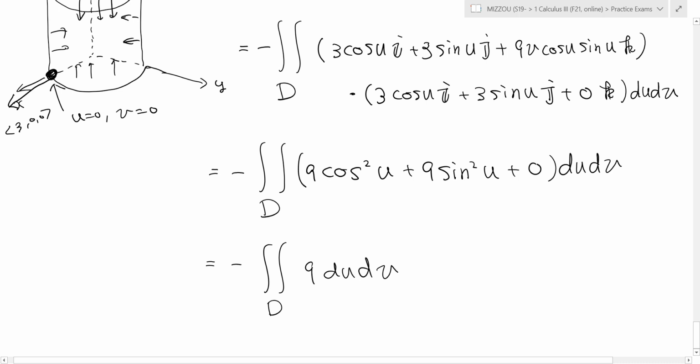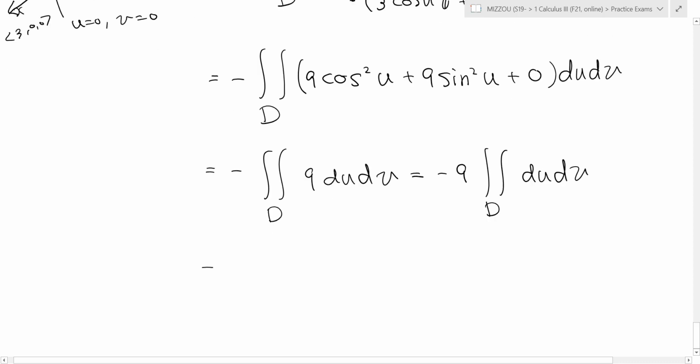Now what's D? This is written as dA equals du dv, and this double integral gives you the area of D. So this is simply negative 9 times the area of D. But what's the area of D?